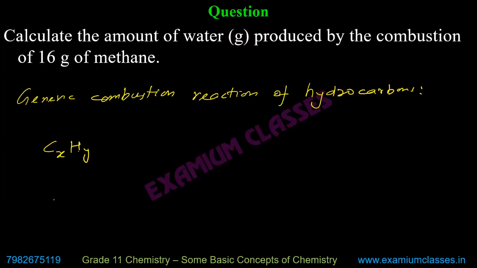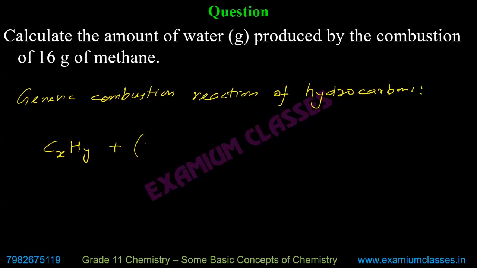For example, C2H6. This is a hydrocarbon. C2H4, this is a hydrocarbon, but an alkene. C2H2 is again a hydrocarbon, but an alkyne. In this case, x2 y6. In this case, x2 y4. In this case, x3 y8. So that's how you need to just apply the rule.